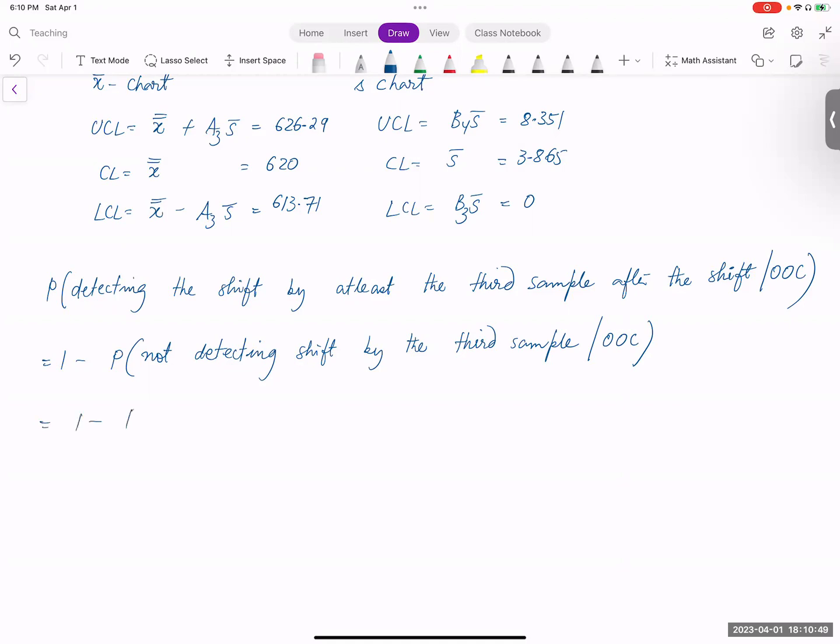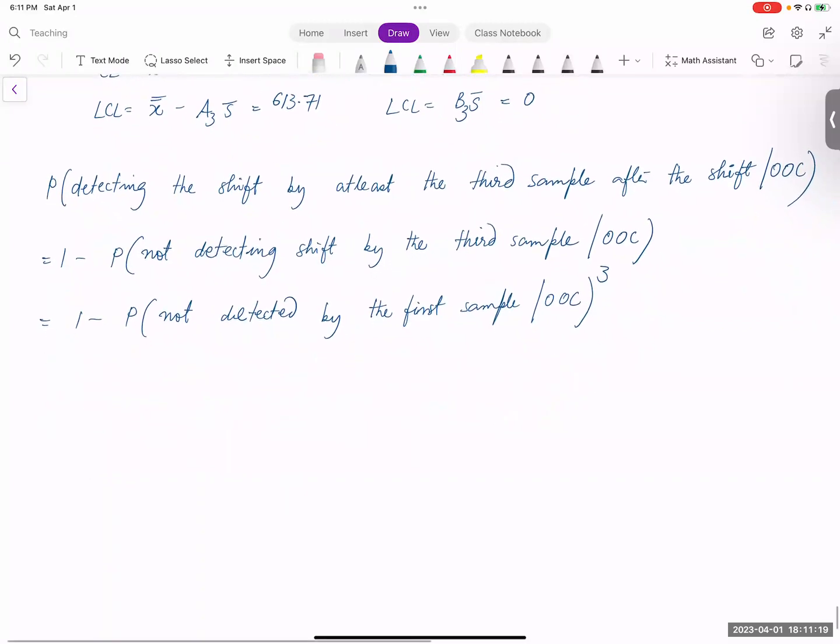So I can say 1 minus the probability not detected by the first sample given OOC, times not detected by the second sample, times not detected by the third sample. All of these three events are exactly the same. They're identical. So I'm going to say raised to the power 3.